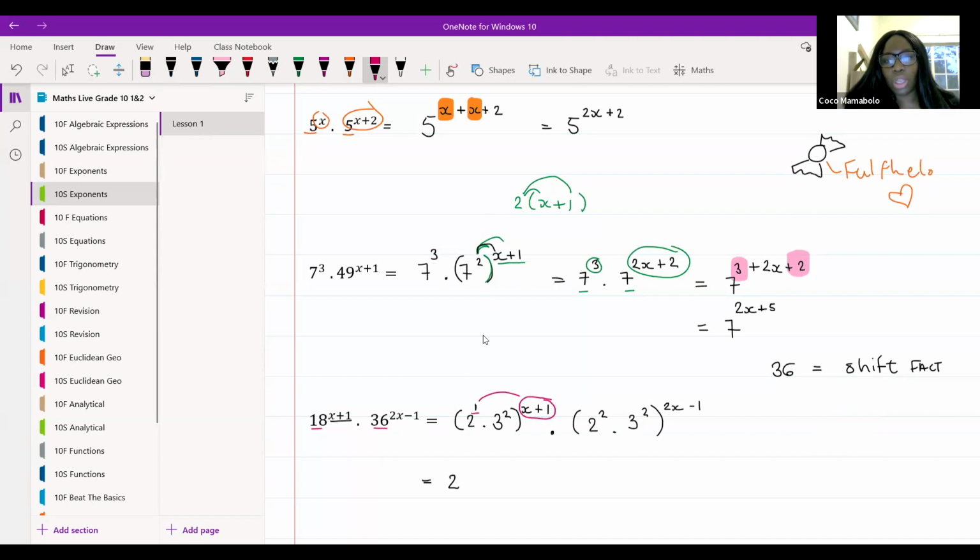So 2 to the power of 1 times x gives me x, and 1 times 1 gives me positive 1, times 3 to the power of, now we do the 3 parts, 2 times x is 2x, plus 2 times 1, which gives me 2. So 3 to the power of 2x plus 2.